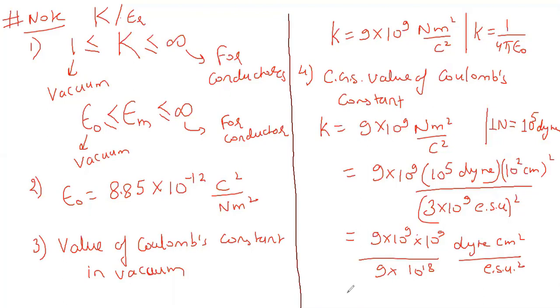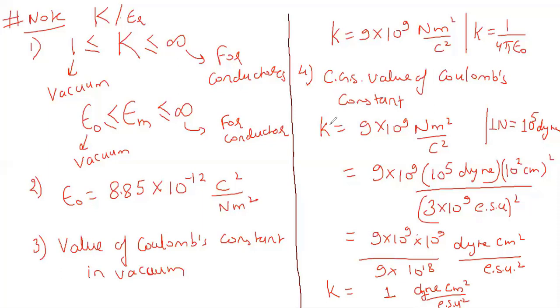So when we solve this value, we will get 1. It is a very important fact to remember that whenever we are calculating the value of the Coulomb constant in CGS units, it comes out to be 1. So it is 1 dyne centimeter square divided by ESU square. This is what we have to remember.